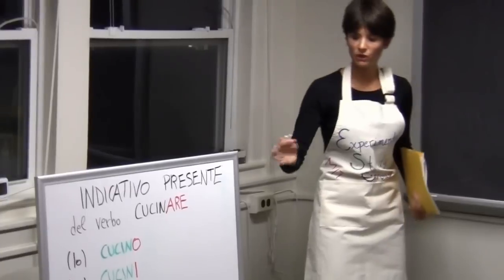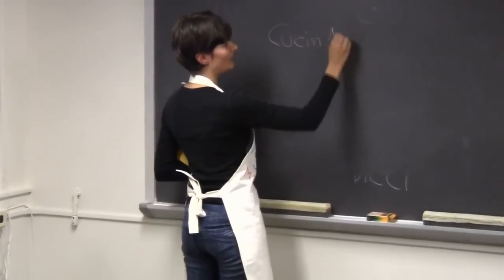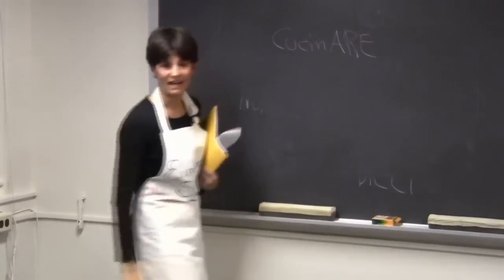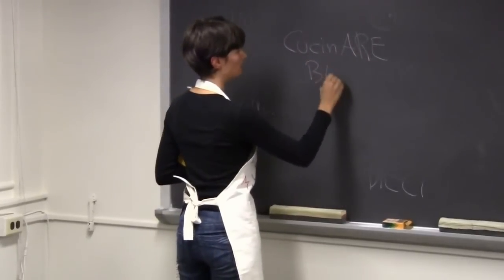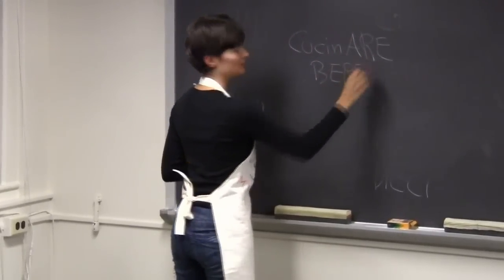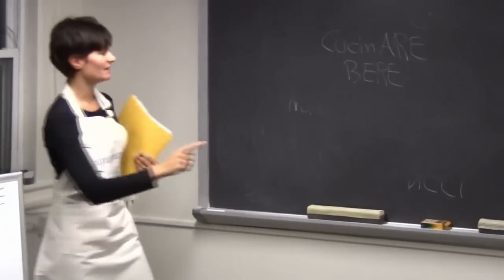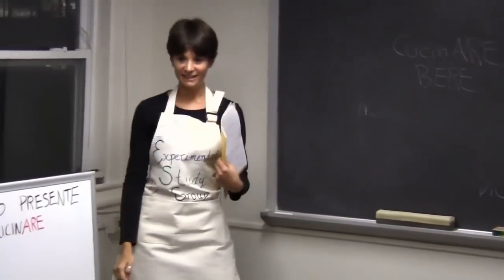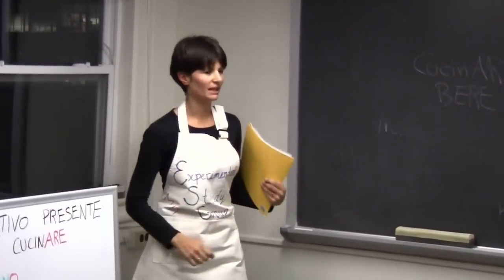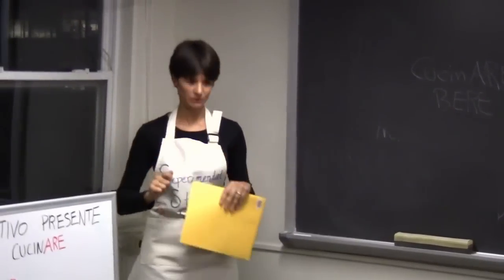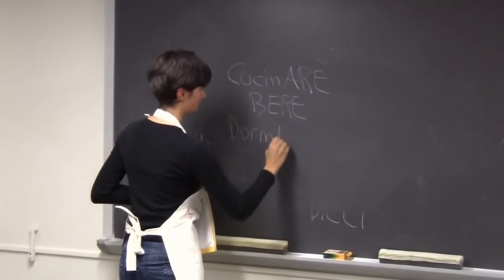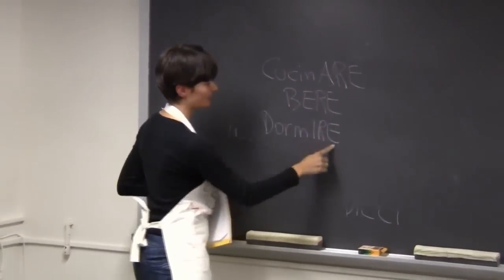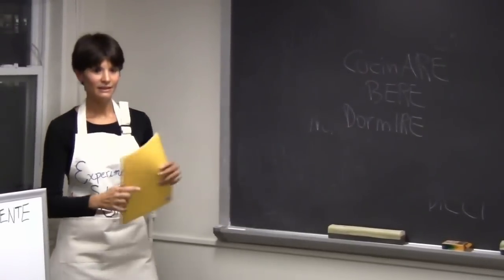In Italian, we have verbs that end with different combinations. So we have verbs like cucinare that end in are. We have verbs like bere, to drink. They end in ere. And then we have verbs like dormire, to sleep. They end with ire.